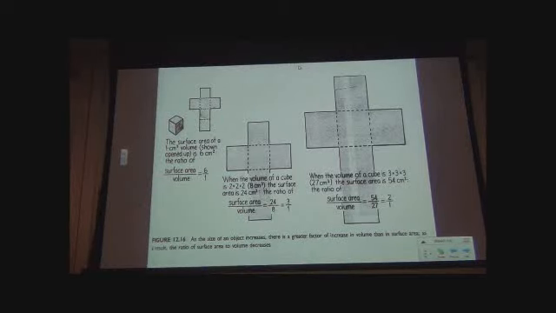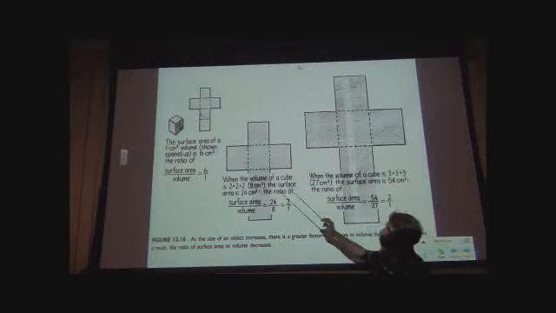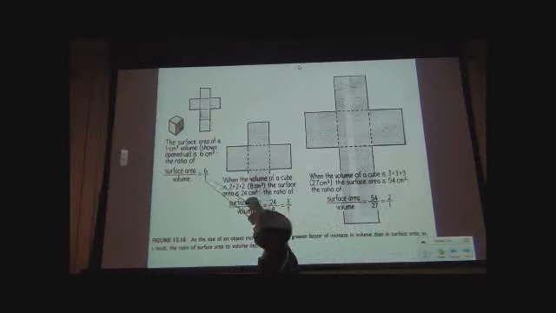So 9 multiplied by 6 would be 54. So the surface area is 54 centimeters squared, and the volume becomes 3, which is one side, multiplied by 3, the second side, multiplied by 3, the third side, which is 3 times 3 is 9, times 3 is 27 centimeters cubed.